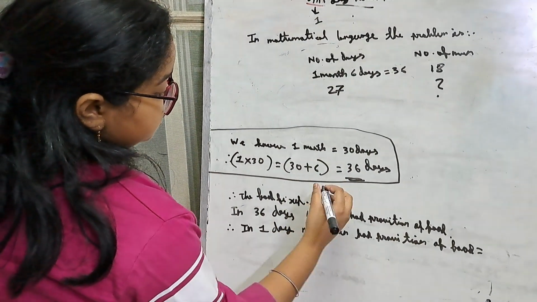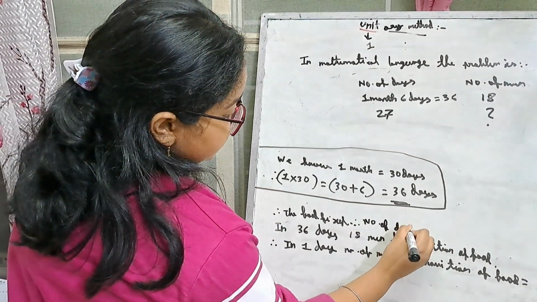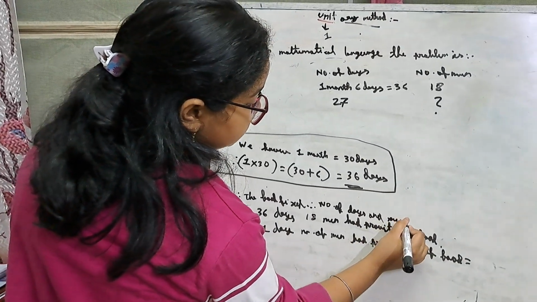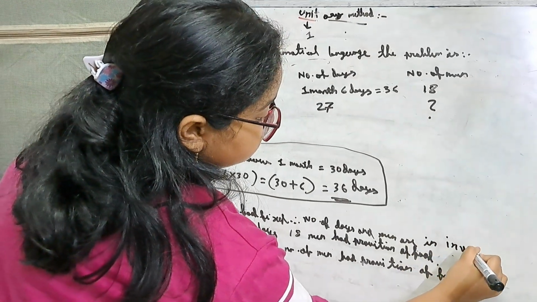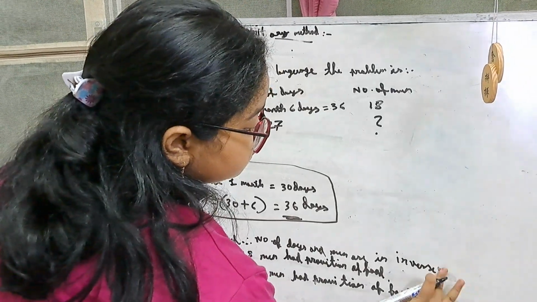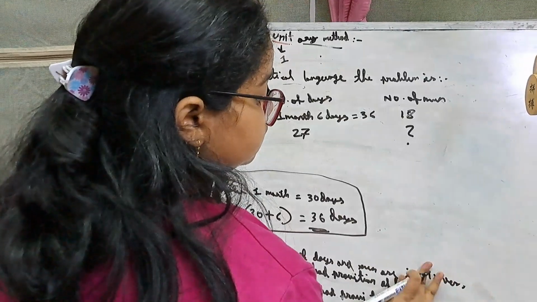Therefore, number of days and men are in inverse relation. Inverse relation.